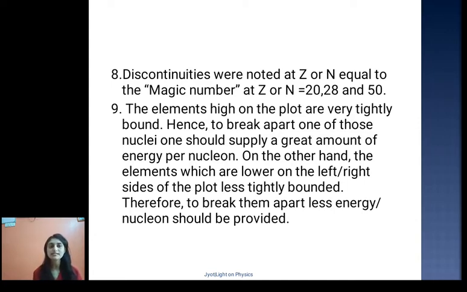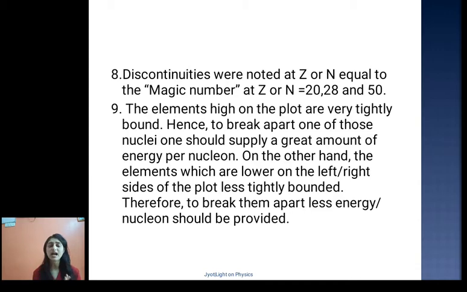Magic numbers are 2, 8, 20, 28, 50, 82, 128. These are magic numbers. So elements show certain extraordinary properties when Z or N corresponds to a magic number. We can see that when N is 20, 28, 50, the element is found to be more stable.